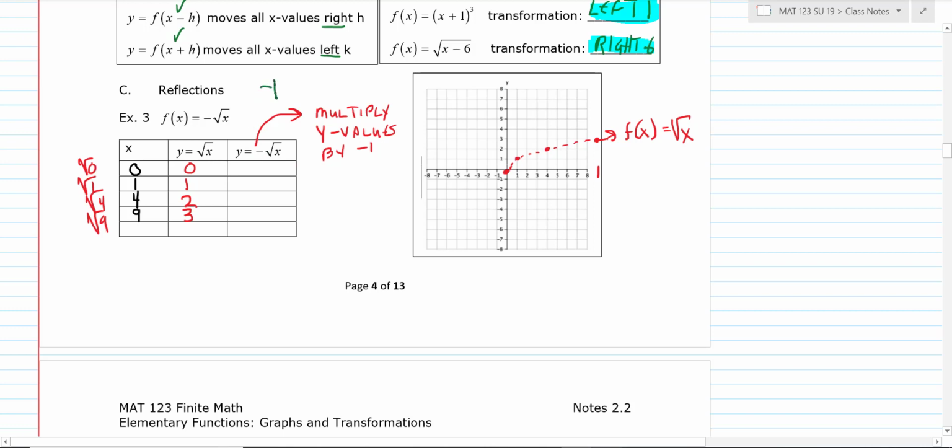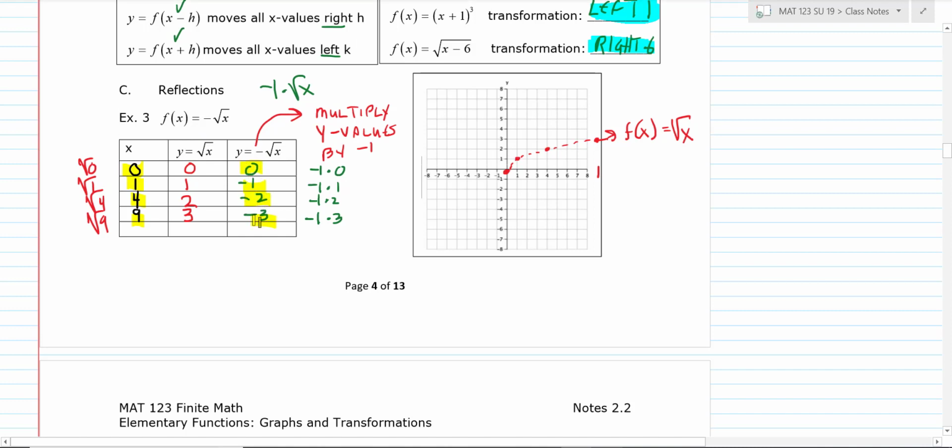This is really -1 times the square root of x. So you do -1 times 0, which is 0. -1 times 1. See, I'm multiplying these y values by the negative, so that's -1. This becomes -2. That becomes -3. Okay, so again, you're just multiplying those numbers by negative. Now, if we go plot these, again, that's the x value.